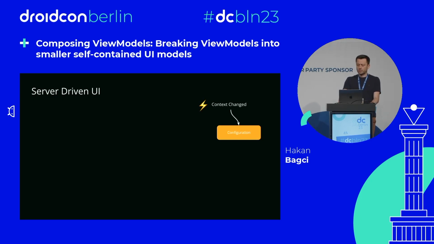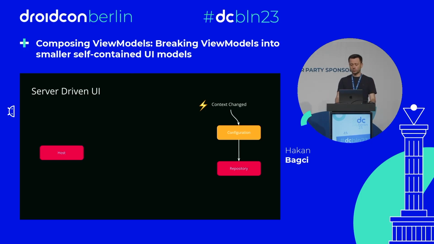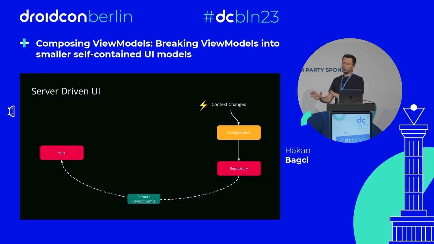Our context changed. We received a remote UI configuration, and we stored it in an observable repository. There are two observers, maybe even more. Here we have our host. This remote configuration has two parts. One of them is a layout configuration for microfeatures, and the other part is component data for the microfeatures themselves. Our host is observing the remote layout configuration part.